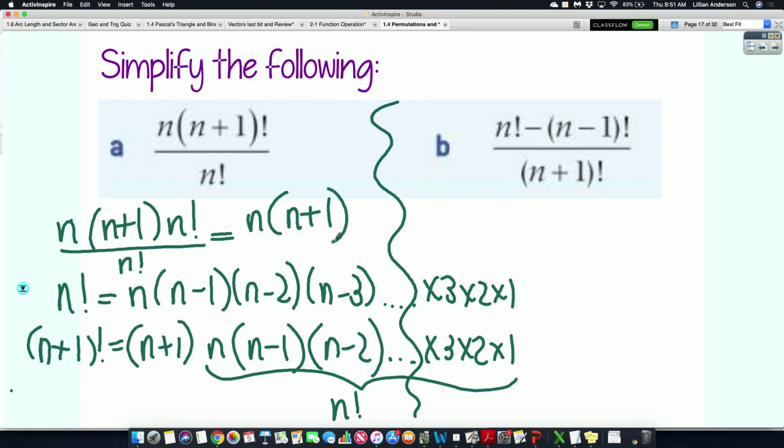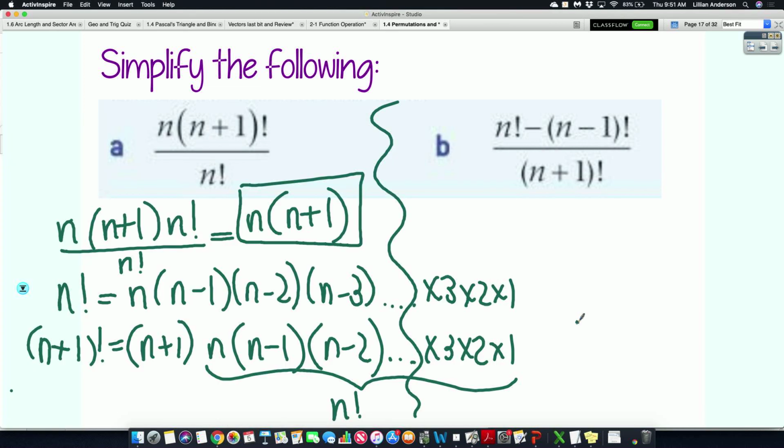Technically, n plus 1 if you distribute, but you don't have to. You can leave it just like this. Questions? Okay.